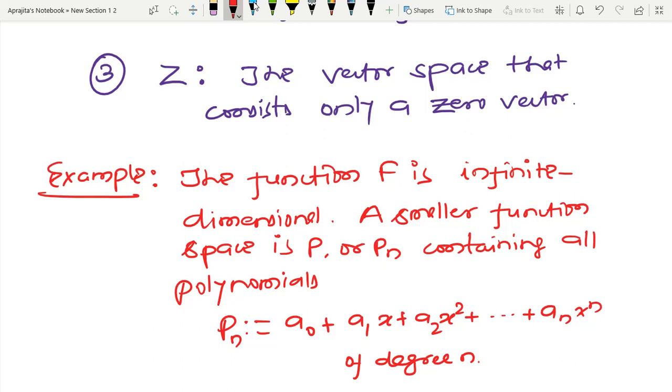So polynomial is also one of the examples of the vector space. And what is the underlying field? Again, the underlying field is the real numbers.